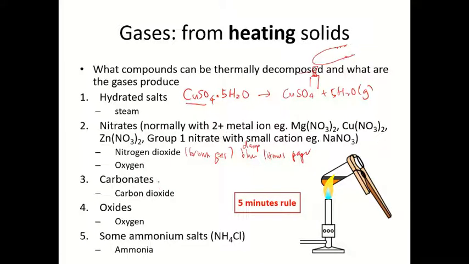Carbonates, if you are heating carbonates like group 2 carbonates, then carbon dioxide will be formed. If you are heating oxides, if you can remember, some oxides are black solids. So if you are asked to heat a black solid, then you want to test the gas, you want to identify the gas as oxygen.